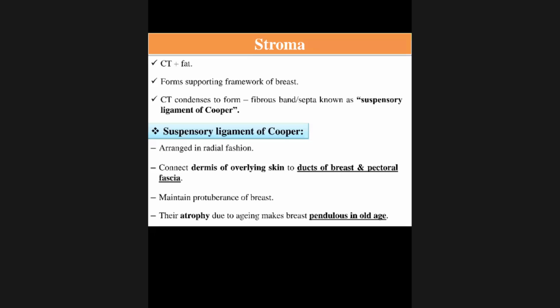The connective tissue in the mammary gland is condensed here, and that condensation forms the septa or fibrous bands. That band is known as the suspensory ligament of Cooper.